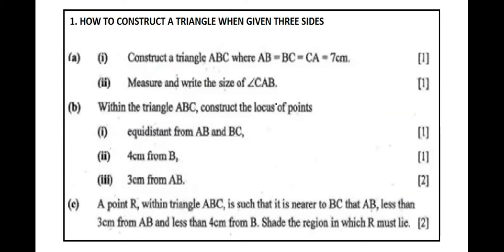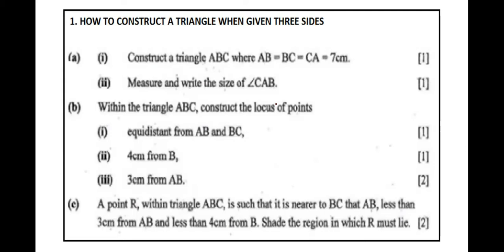This simply means that all 3 sides of the triangle are 7 centimeters. But the procedure that will be demonstrated can also be applied even when AB, BC, and CA have different lengths.